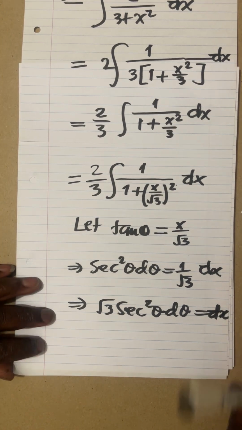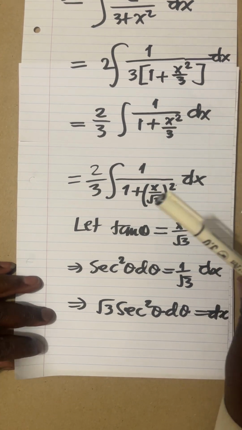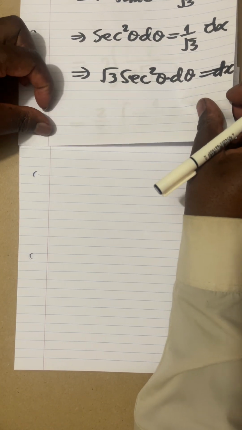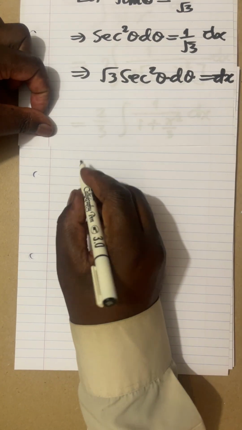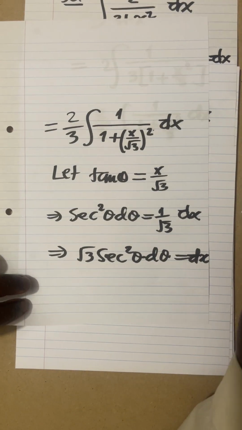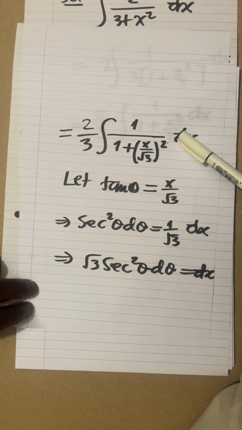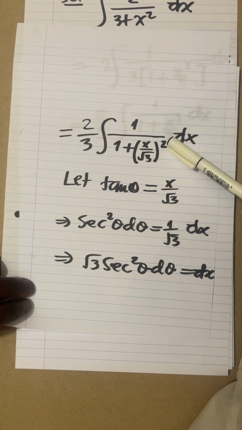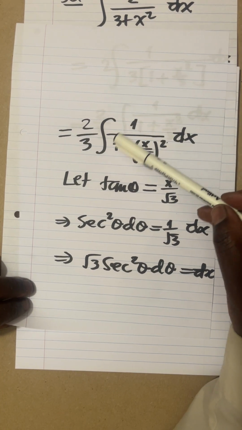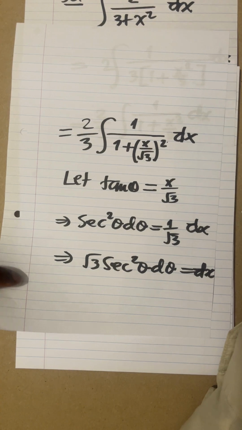Now I at least have that taken care of. Now I can go ahead and do tan substitution. So let me go to this page here, and I'm going to say my integral now is going to be root 3 sec squared theta d theta there. Here I'm going to have tan squared theta, and then 1 over 1 plus tan squared theta, and then I have 2 over 3 outside. So what am I saying?